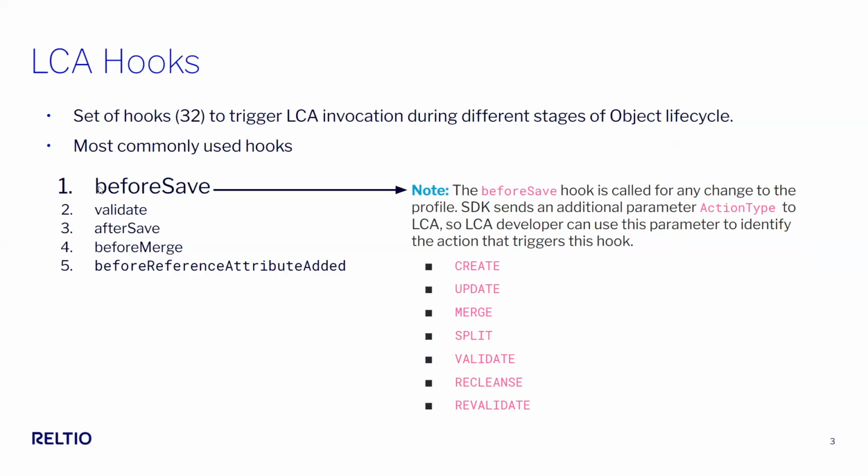For example, if I want to build my custom code before saving the entity, I'll use the before save hook. As part of the before save hook, I can make a call to my jar file, perform all the operations that I want, and once the jar file is completed, the normal processing of the object continues.